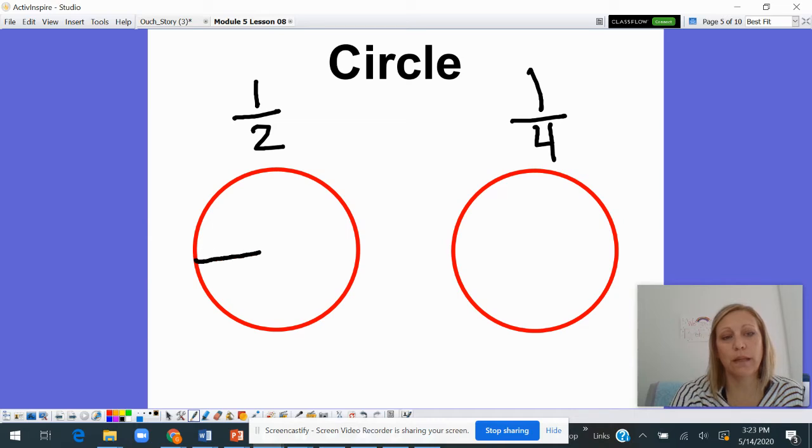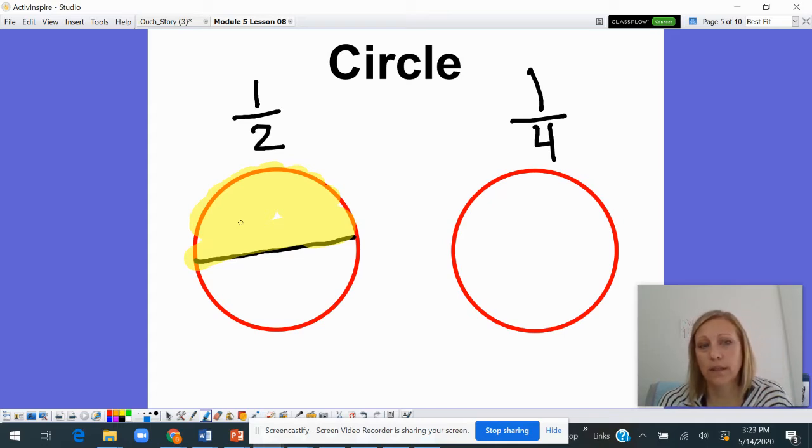So if we split this in half, here's the whole, but we have 1, 2. Those are 2 equal parts. If I colored it in, that would show that one part of the circle is colored. So it's 1/2.